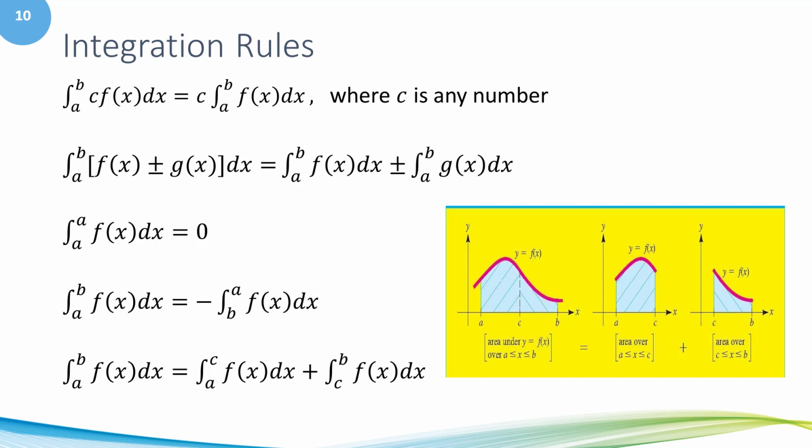We can also switch between the upper limit and the lower limit, but it will become the negative of the former one. And if we have definite integral from A to B, then it is equal to definite integral from A to C plus definite integral from C to B. You can see that there is no restriction on C. C can be in between A and B or also outside of A to B. There's no restriction to C.